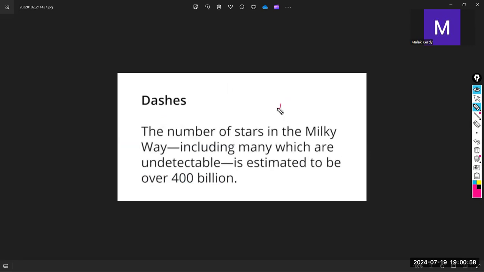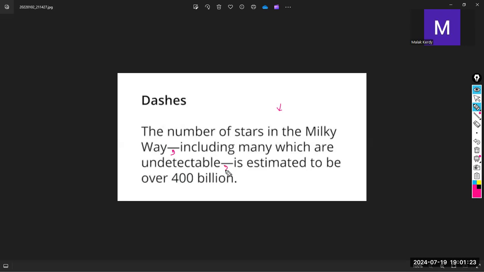As you remember, it is easy for me to replace the dash with commas or commas with dashes. Let's take a look at this example: the number of stars in the Milky Way, including many which are undetectable, is estimated to be over 400 billion. If you remember, Malak, when we talked about the rules of the comma, I told you that I can add extra information.